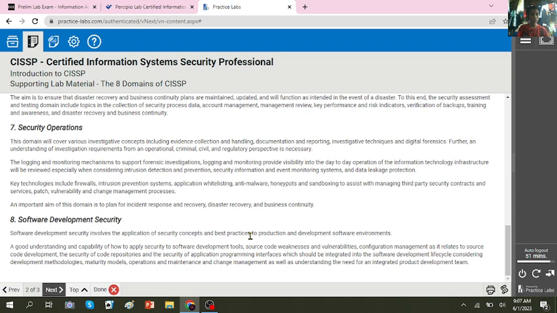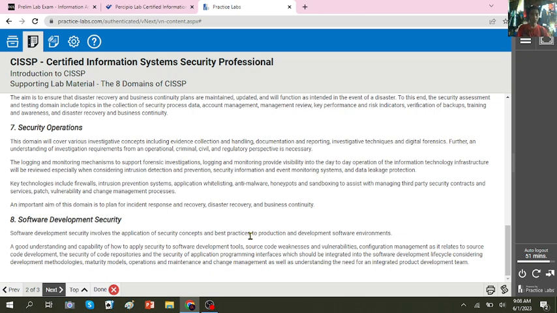Further, an understanding of investigation requirements from an operational, criminal, civil, and regulatory perspective is necessary. And an important aim of this domain is to plan for incident response, disaster recovery, and business continuity.